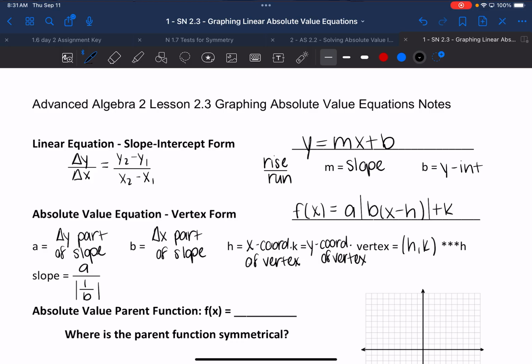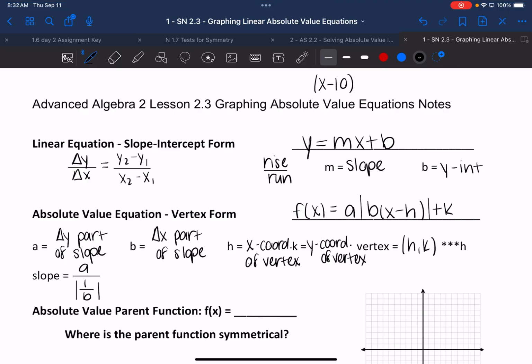Now remember, when h is inside the parentheses there with x, it really is opposite of what its true value is, right? Just like whenever we wanted to solve something, we would take the parenthesis and set it equal to 0. For example, if inside that parenthesis you had x minus 10, right?